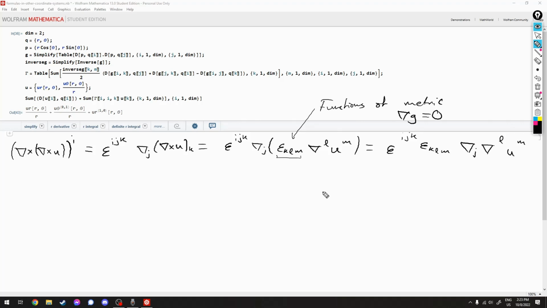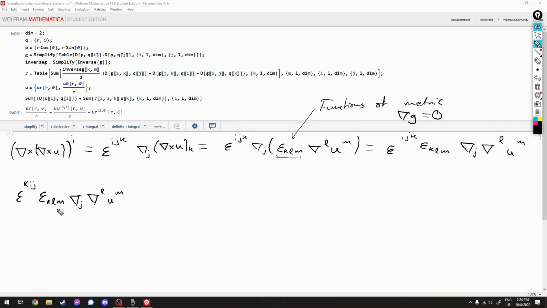Now we use the symmetry of the Levi-Civita tensor under even permutations, so we can move the k two spaces back. So this is epsilon k i j epsilon k l m del j del l u m.